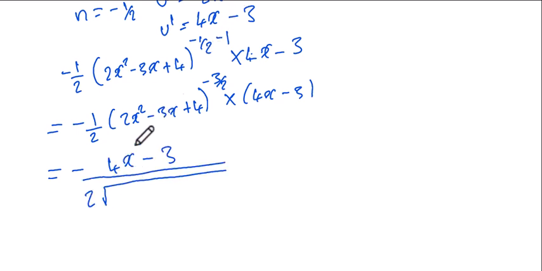Okay, so we're going to have negative 4x minus 3 over 2 root of, open the bracket, 2x squared minus 3x plus 4 to the power 3.